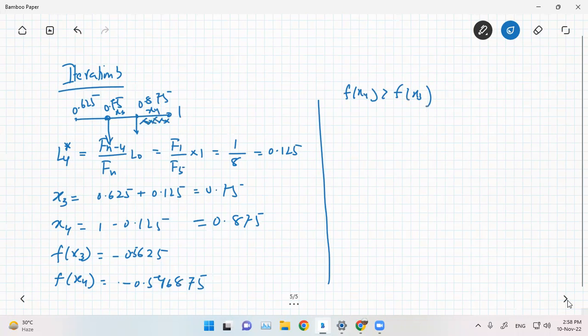So our new interval is going to be 0.625 to 0.875. You can also write the discarded portion: discard 0.875 to 1.